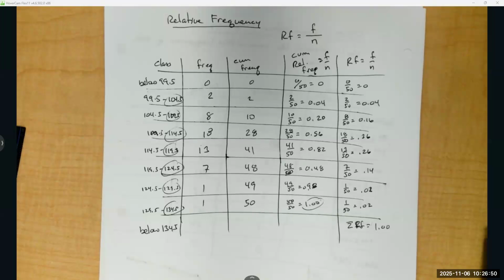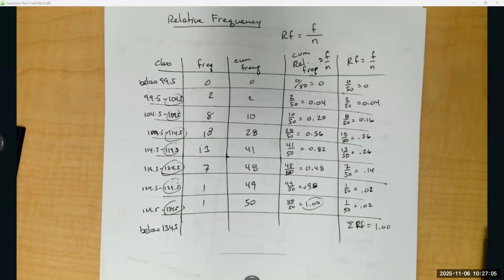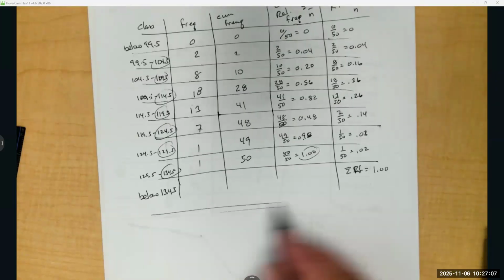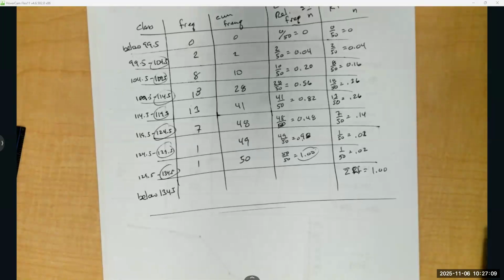So which one do we need a midpoint for? Not cumulative. Why do we need a midpoint? Look at your notes. Well, in our notes, where do we use a midpoint?